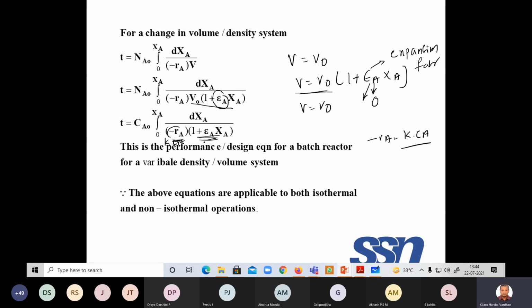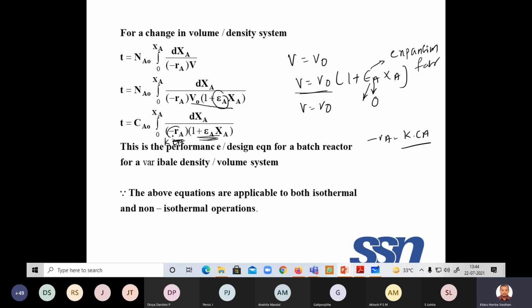Integration by parts. You don't ask me all this integration by parts. I'm not a mathematics teacher to teach all this now. You have to know that. So the moment more terms are increasing, the integration becomes very troublesome. You have to do it by partial fractions. That we'll see, right?